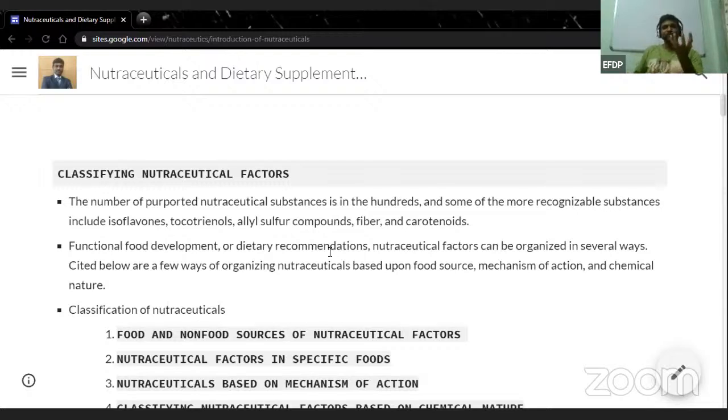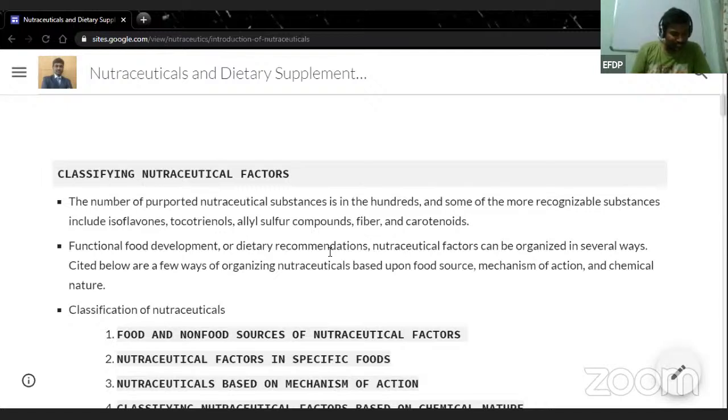If you add any, अगर आपने बिस्किट का एग्जांपल दिया था मैंने, biscuits with fiber, if a biscuit is added with fiber, then this product is known as, particularly we can say, coming under the food part, functional food. What is the function of the fiber? Fibers are nothing but a component which can be utilized.